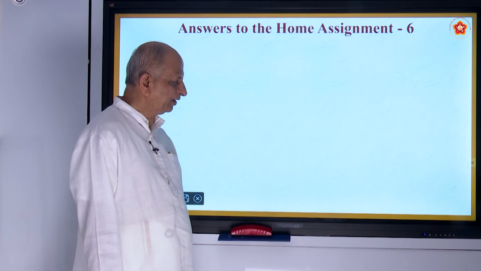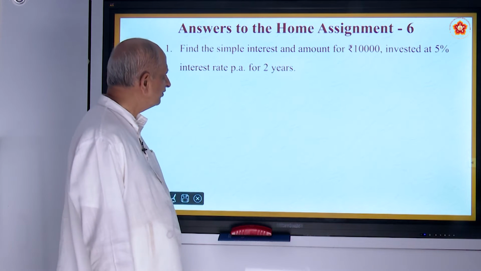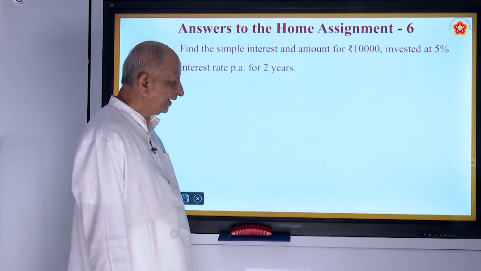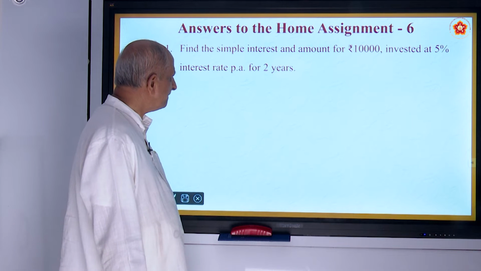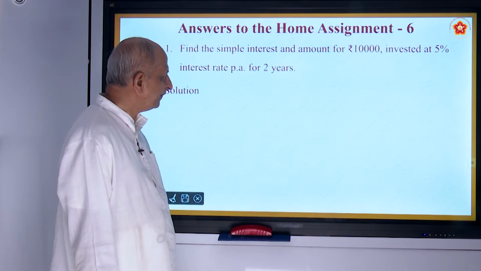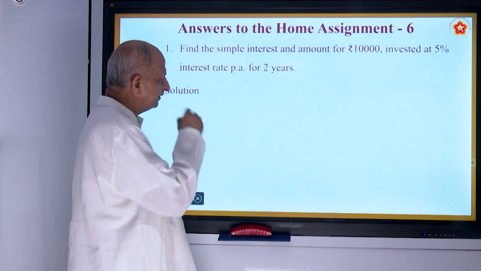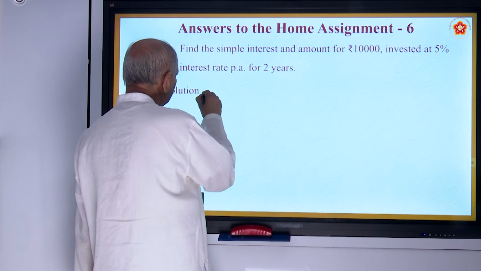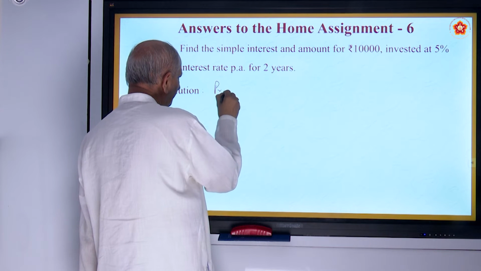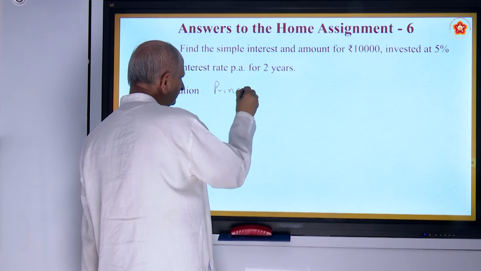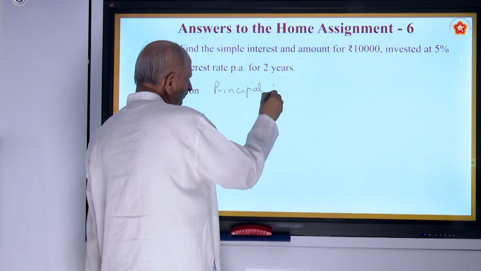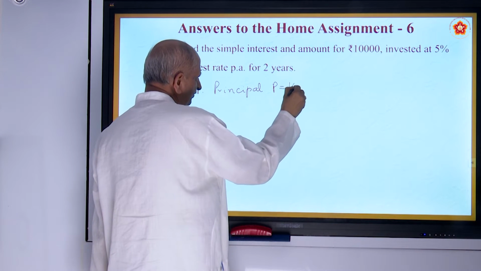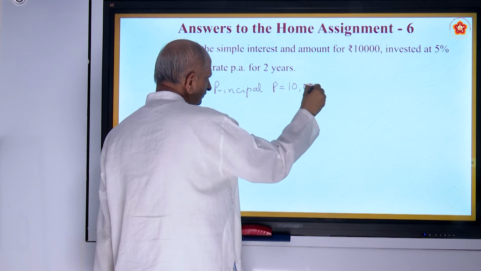Now coming to the home assignment. First question: find the simple interest and amount for rupees 10,000. So, what is given? Principal is given. Principal is 10,000 rupees.